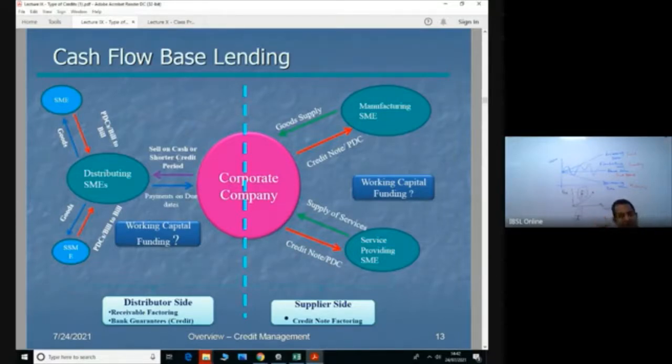But if this customer comes to you and says, I have done an order for DSI, I am a supplier to DSI, I have produced 70,000 pieces, which is equal to 700,000. This is the GRN received from DSI. This is the agreement that DSI will pay within 45 days.